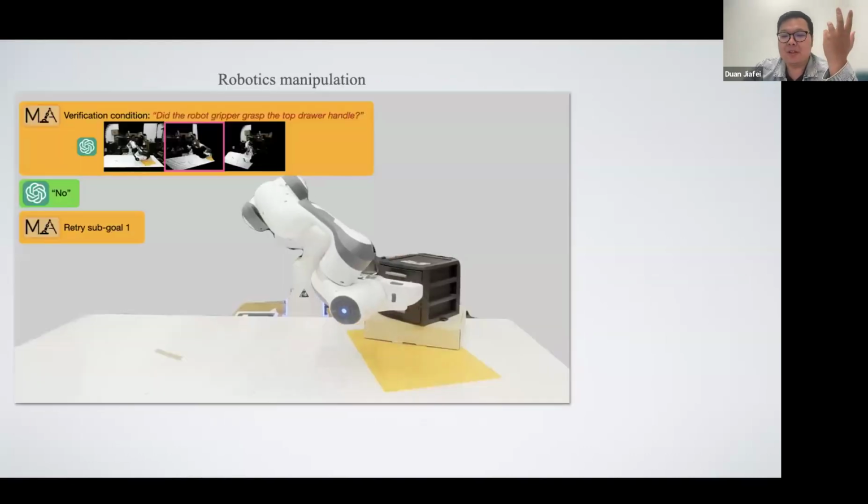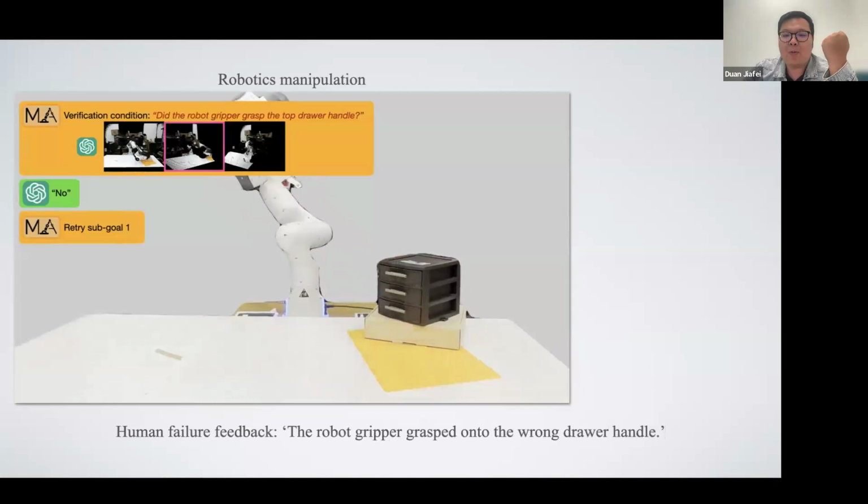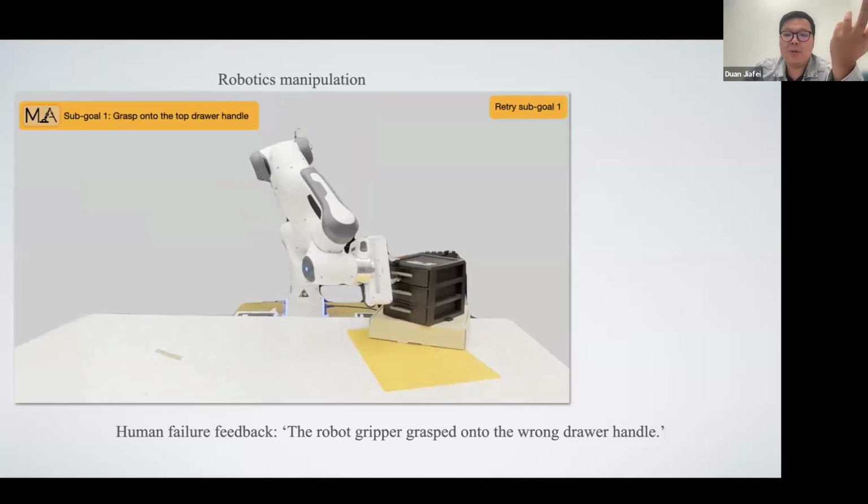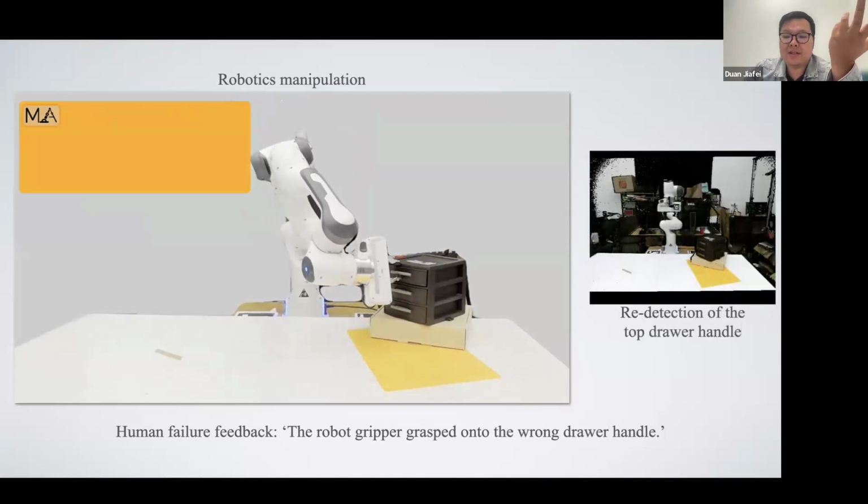And the same goes for manipulation. If you are able to detect why something failed, we are able to give that feedback, and conditioning on that feedback, we are able to do replanning. In the replanning case, we retry and resample a different detection. This time you'll detect the right object, and then the task will succeed.